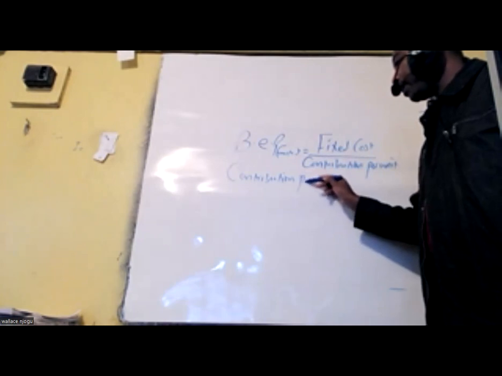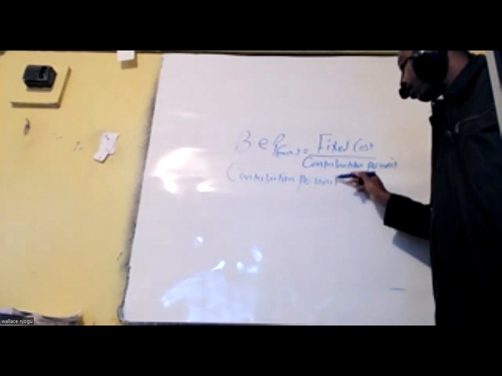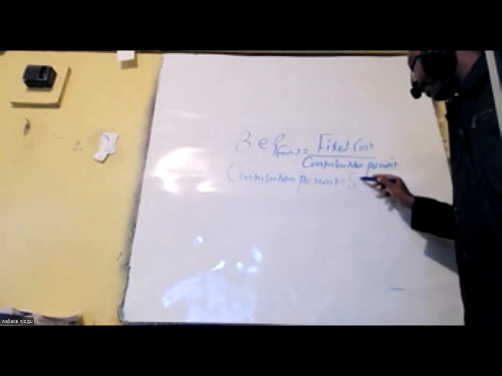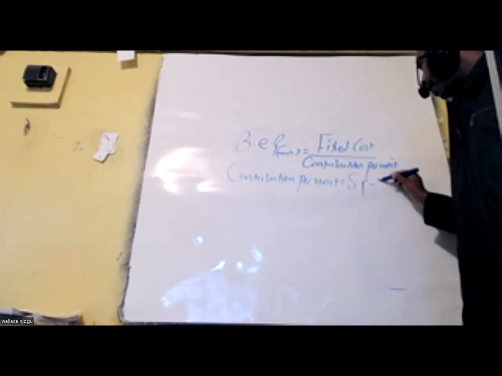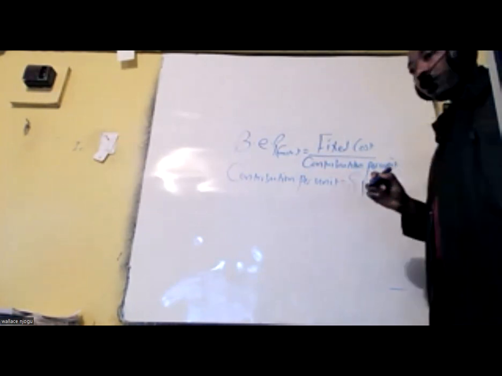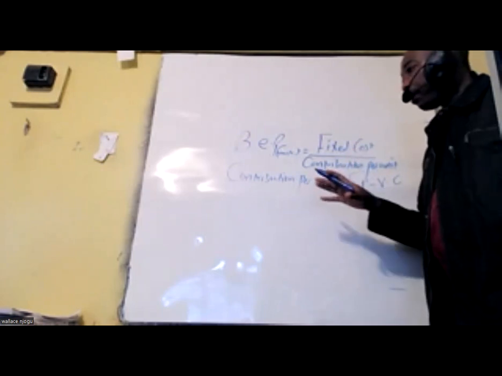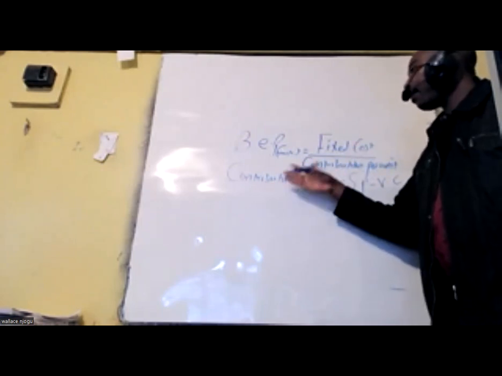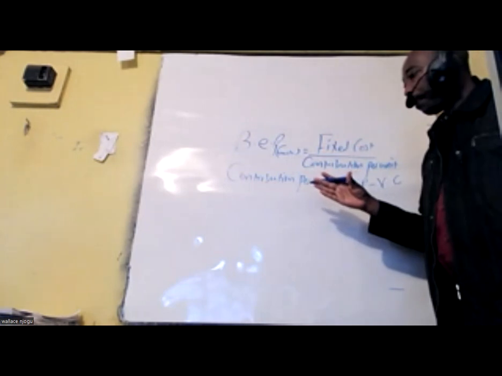Contribution per unit is given by the selling price minus the variable cost. So we are going to start by computing the contribution, and then we get the break-even point.